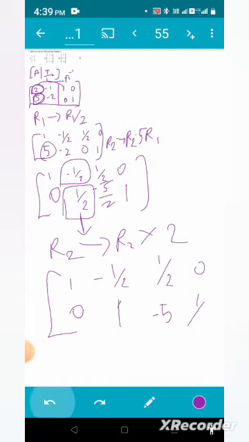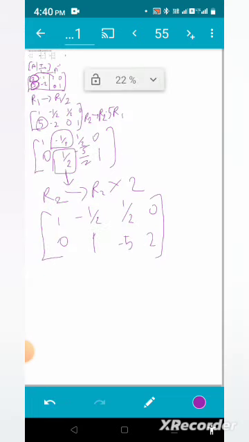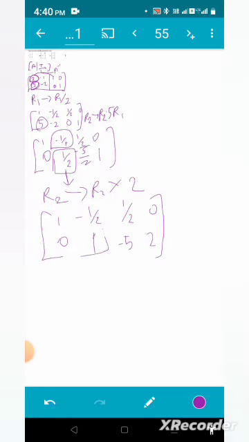So 1 by 2 multiplied by 2. Then from this we can change this into 0. So I give R1 plus 1 by 2 R2.